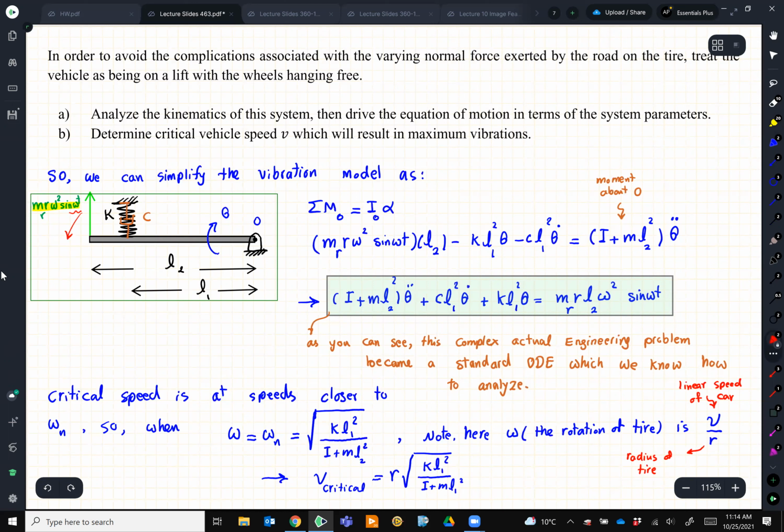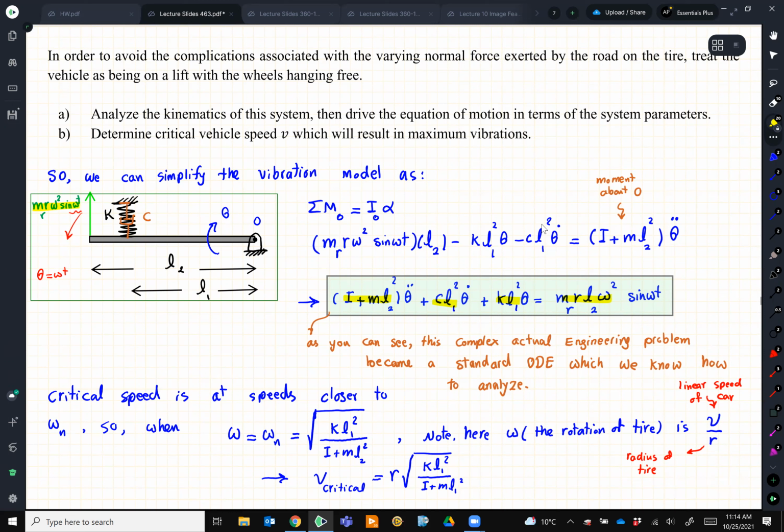And point O is the pivot point. So this should be a simple problem and you should be comfortable solving it because you've seen this problem before. You write the equation, you end up with the same exact standard equation that we had before, except your m and c and k and F0 have a different form.